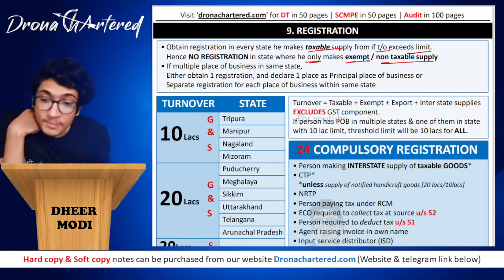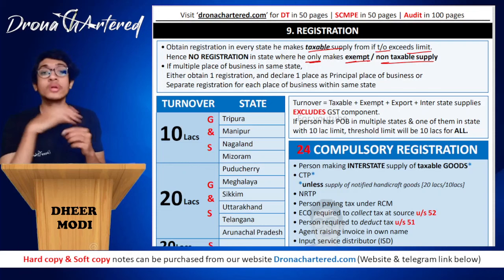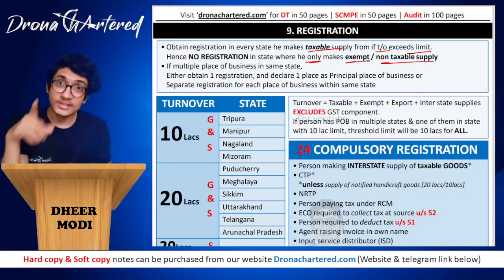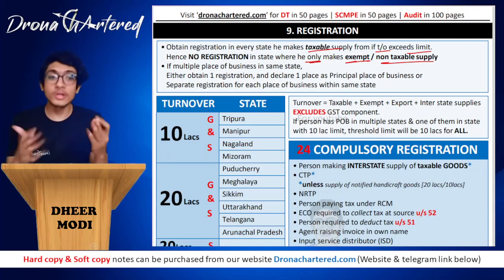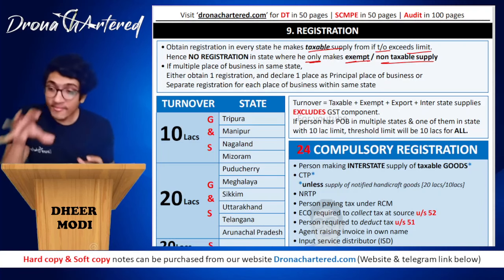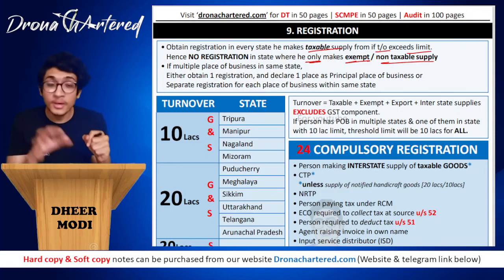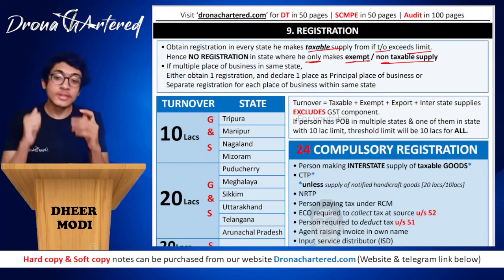If there are multiple places of business in the same state, what did we study? He has to take registration in each state. Now, sir, what if I have multiple places of business? For example, in Maharashtra, I have my place of business in Nashik, in Bombay, in Pune, all in the same state.